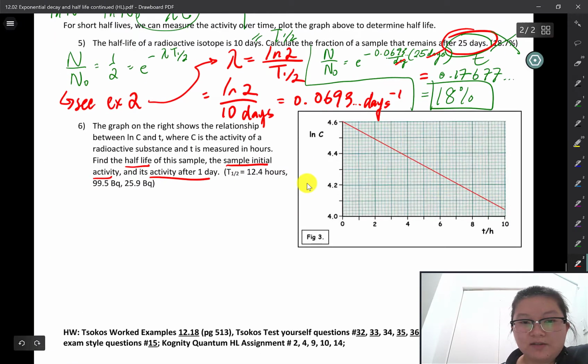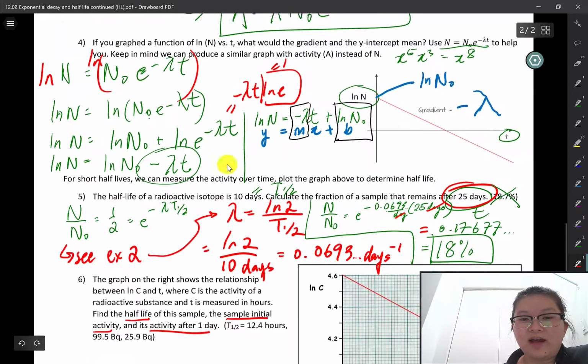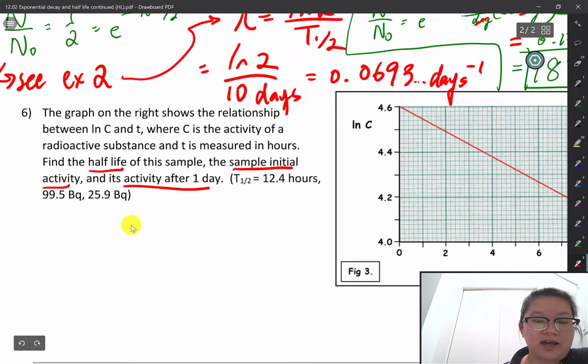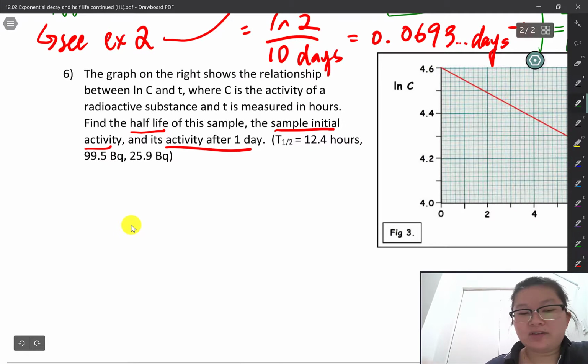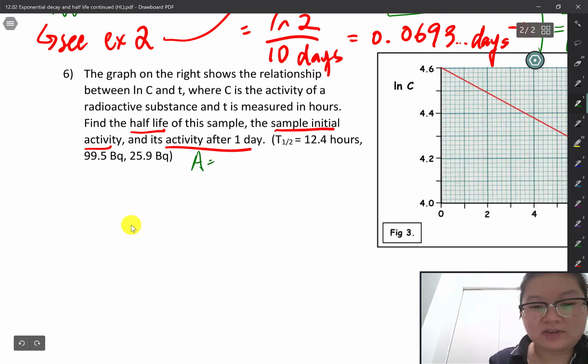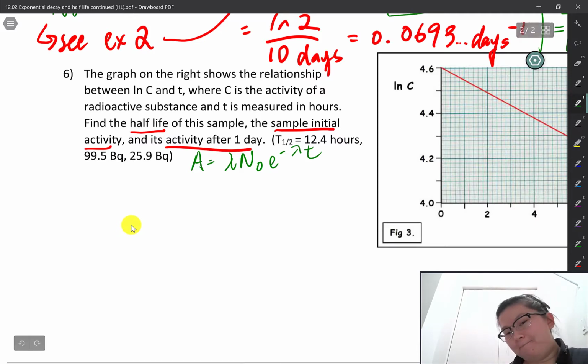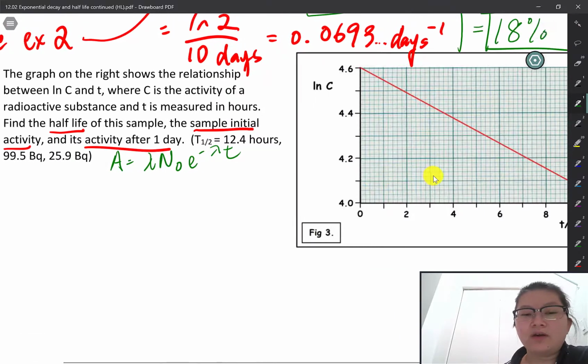So to work this out, we actually should use this equation here with the activity instead of the number of nuclei. So we're going to go ahead and do that. So starting with this one, activity is equal to lambda N naught e to the power of negative lambda t. I'm going to work this through and take the ln of both sides to essentially show what the y-intercept means, what the slope means here.